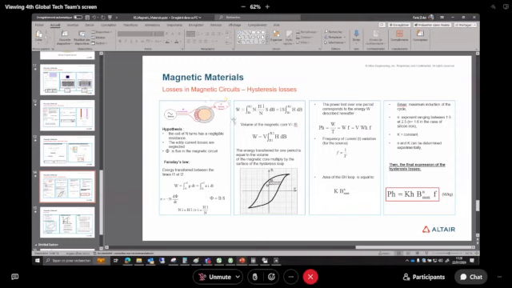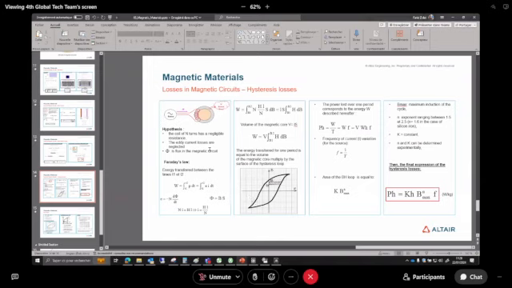So we will always observe these losses, and these losses are what we call hysteresis losses. The hysteresis losses are mainly the area of the hysteresis loop, right? And so that's why I told you the thinner the loop, the better the lamination, because we dramatically reduce hysteresis losses.